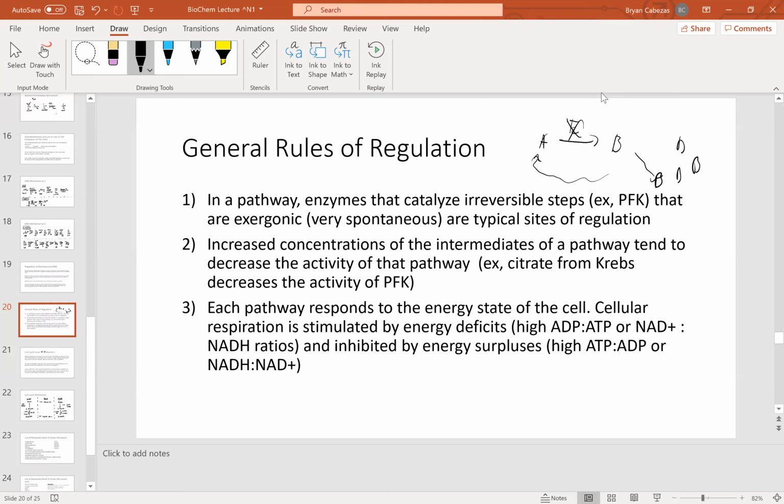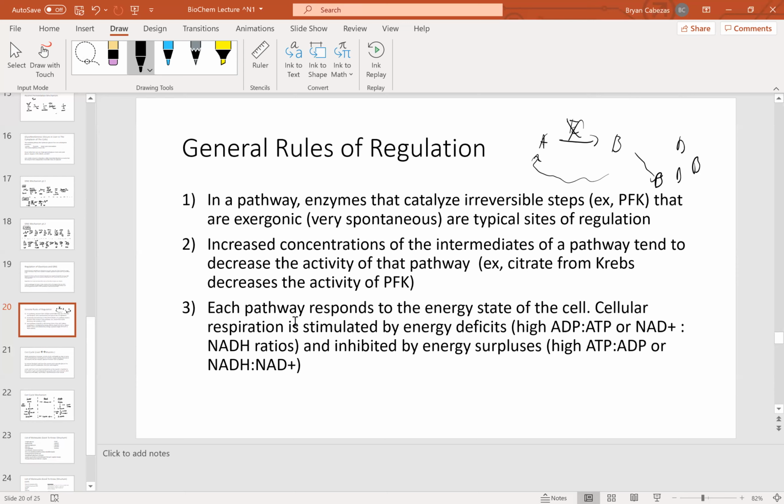So that's called negative feedback inhibition, right? The product is going to inhibit the thing that created the product itself. That's something we frequently find in biochemistry, that we don't want any waste, right? So if we have too much of something, it in and of itself is going to inhibit the process that made it. That's our general second rule.